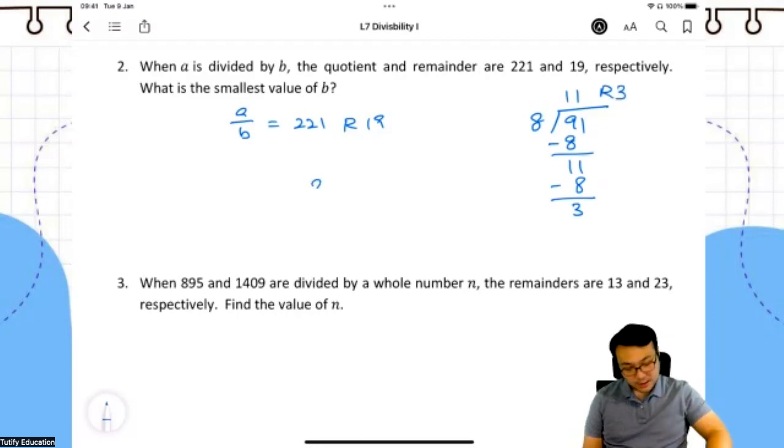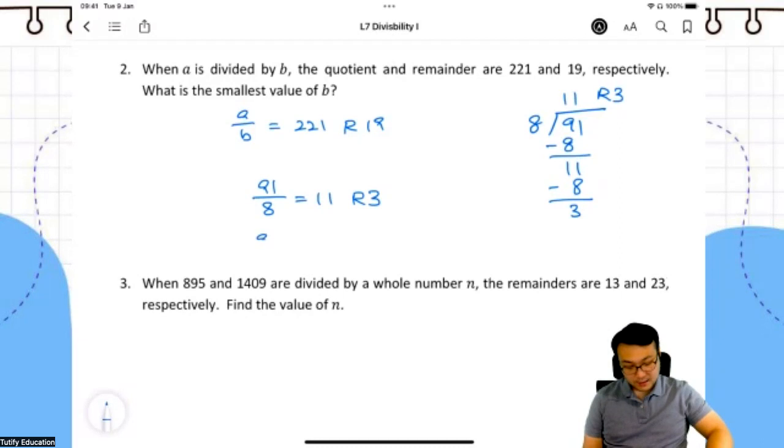So we know that 91 divided by 8 equals 11 remainder 3. So I can rearrange this to say that 91 equals 11 times 8 plus the remainder. Do you agree, Shiting?